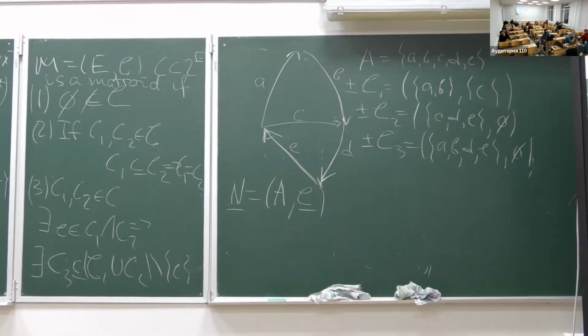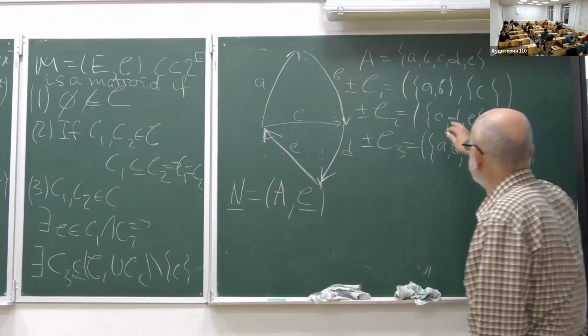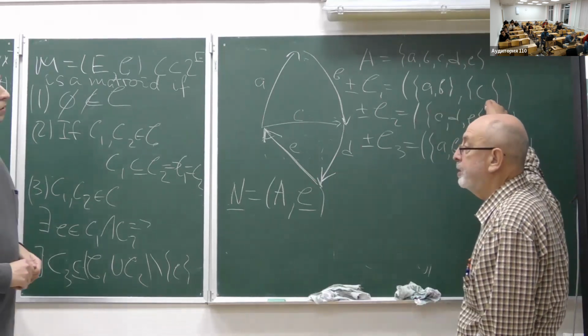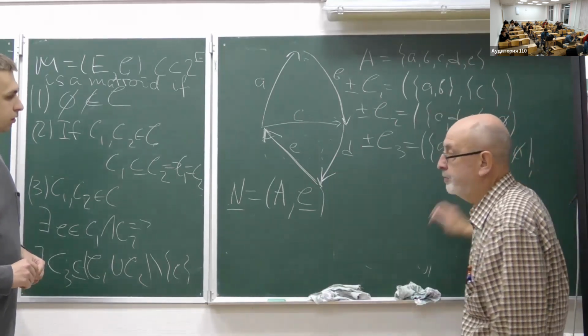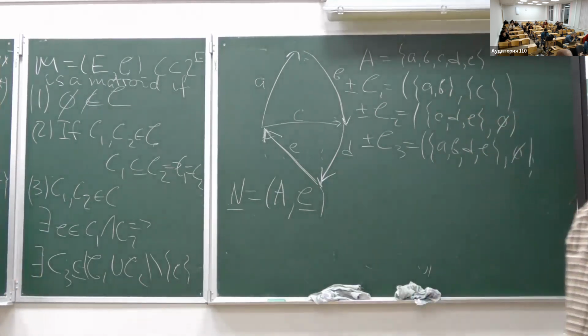When we change the orientation of an edge, it switches between the positive and the negative part. For example, change the orientation of A, then it will move here and go like this.